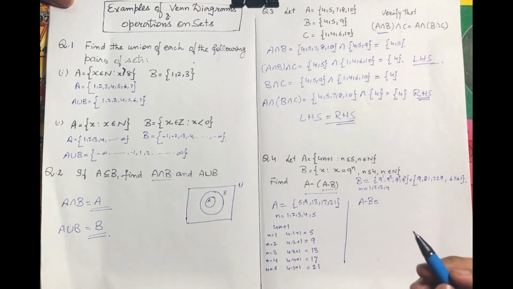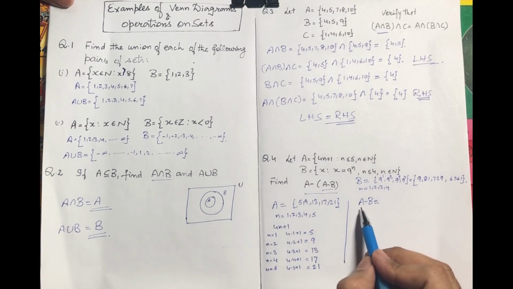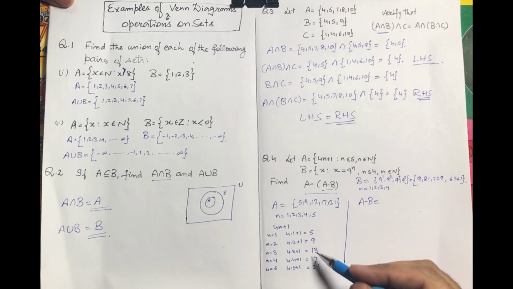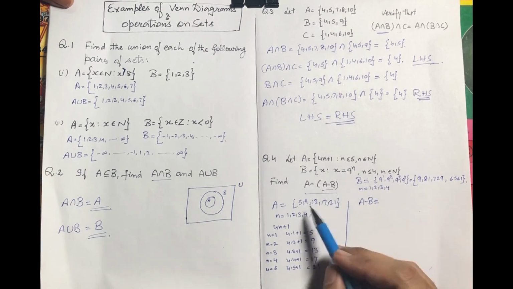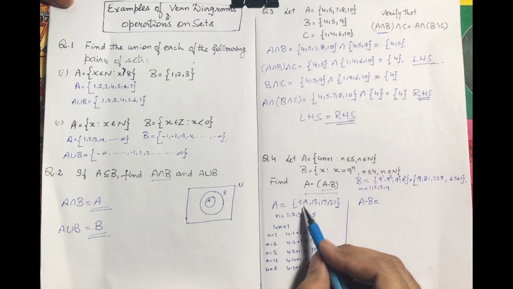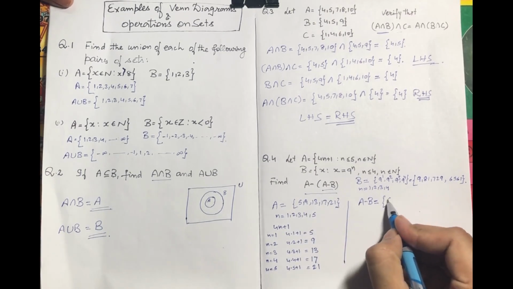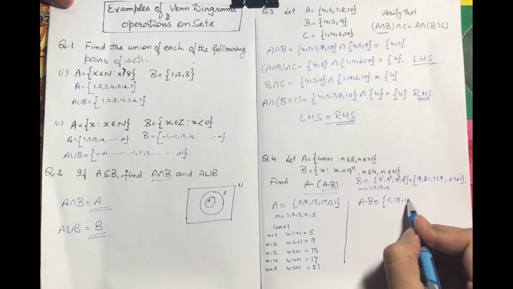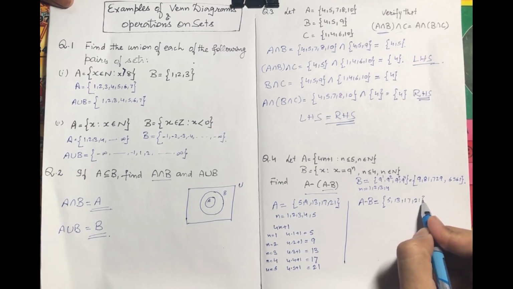Now to find this difference, first we find A minus B. As per definition we have done, elements of A which are not in B. So there is only one element which is common between them, which comes in B also, that is 9. So this is 5, 13, 17, 21.